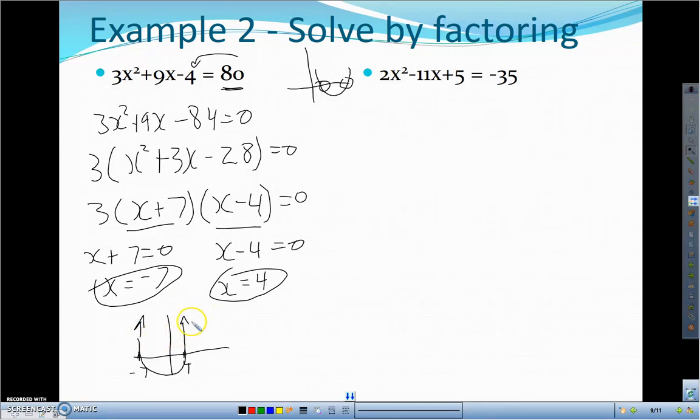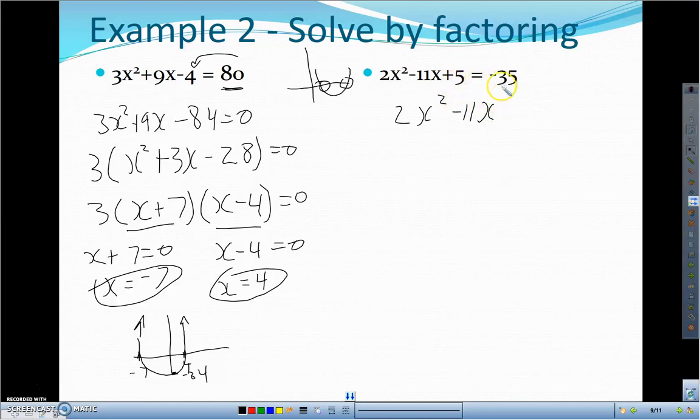We could also go one step further and say that this y-intercept here is minus 84. Doesn't look like it based on my diagram, but we know that from this expression right here. That is the y-intercept. Let's take a look at this next one. Bring over the 35. That turns into 2x squared minus 11x.